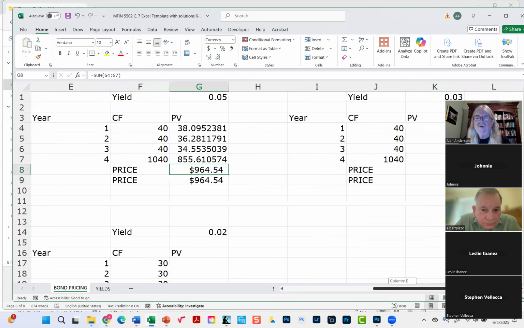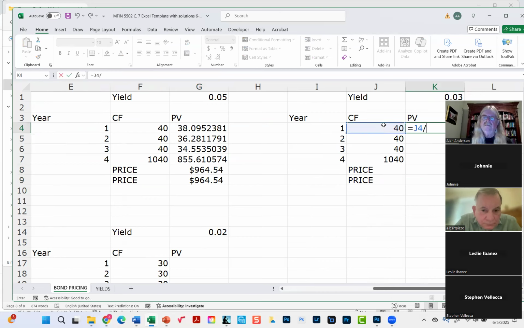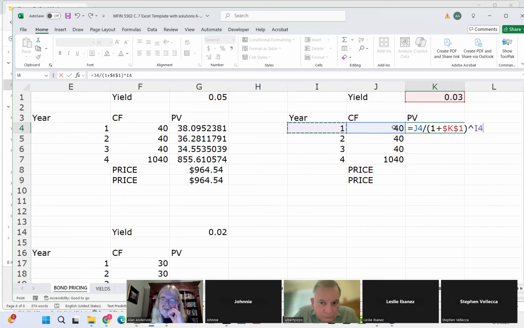Now, the last case I want to consider is the lower yield. You can see that J4 is the cash flow divided by 1 plus the yield. The exponent is the year in which I received the cash flow.